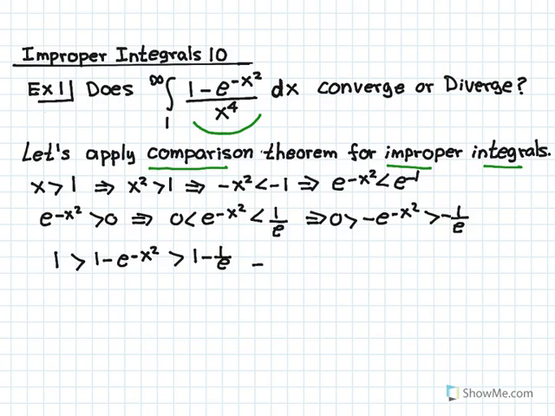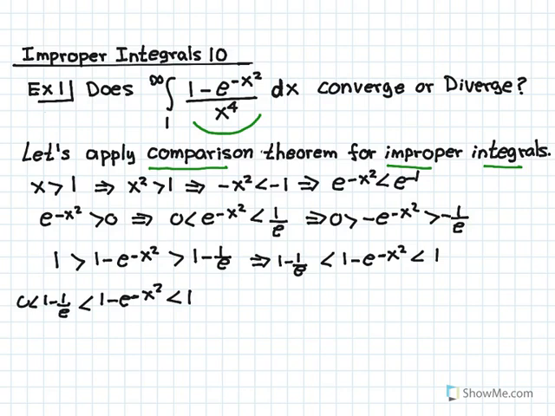And we can rewrite this as 1 minus e to the minus x squared is less than 1 and larger than 1 minus 1 over e, which is larger than 0. Now let's divide everything by x to the fourth.